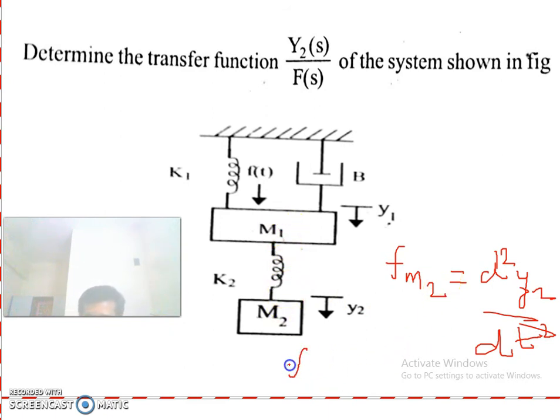So Fk2 is nothing but K2 into Y2 minus Y1. This spring is connected between M1 and M2. So while considering M1, we have to take it as Y1 minus Y2, and while considering M2, you have to take it as Y2 minus Y1.